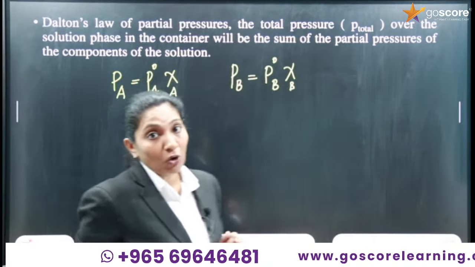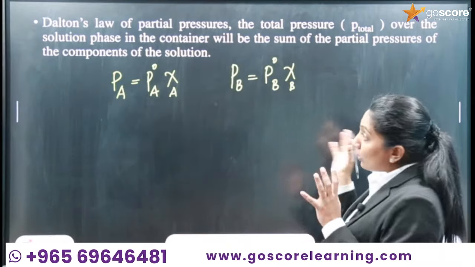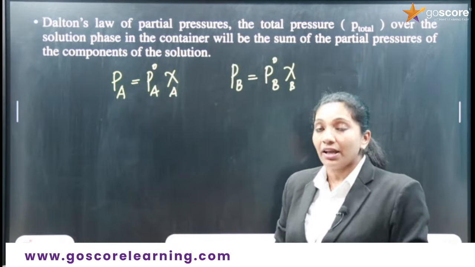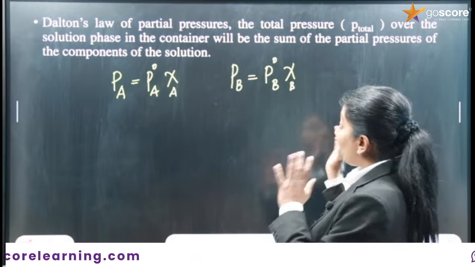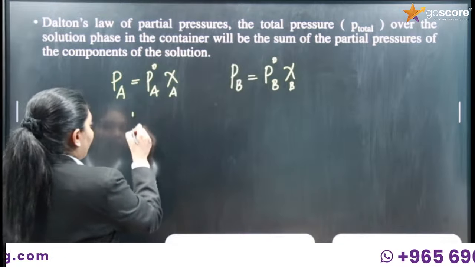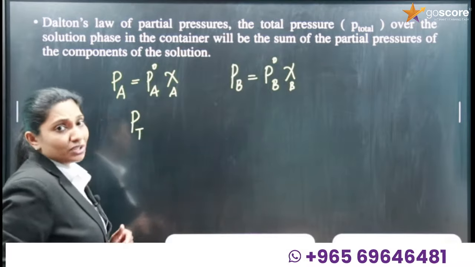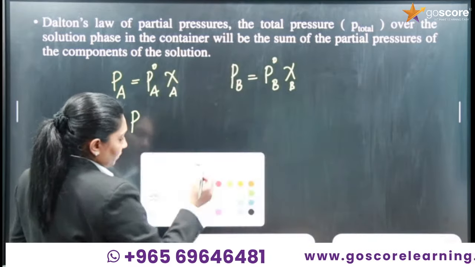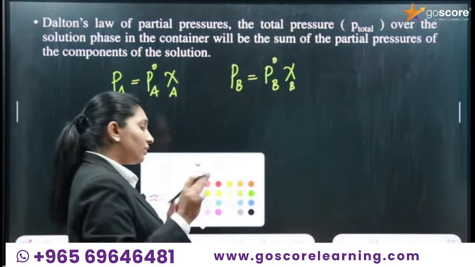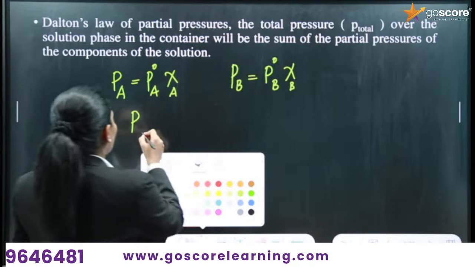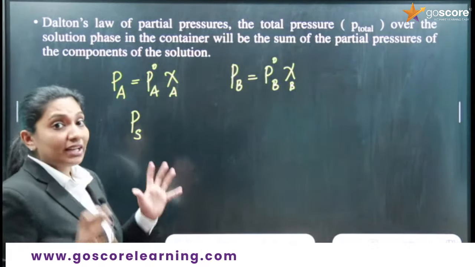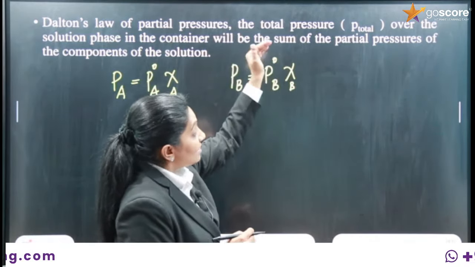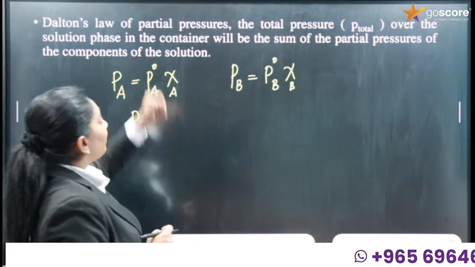According to Dalton's law of partial pressure, the total pressure is due to the pressure of individual components we got from the law, right? According to Dalton's law, the total vapor pressure, that is P total, or the vapor pressure of the solution, we can represent it with S. Either you can use the P total or the vapor pressure of solution, both are right. P solution, that is the total vapor pressure of the solution in the container, will be the sum of the partial pressures of the components of the solution.